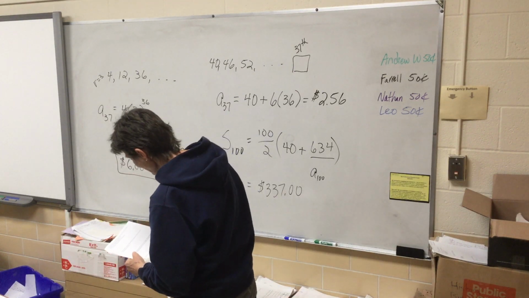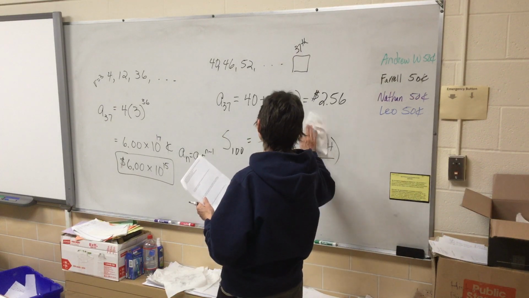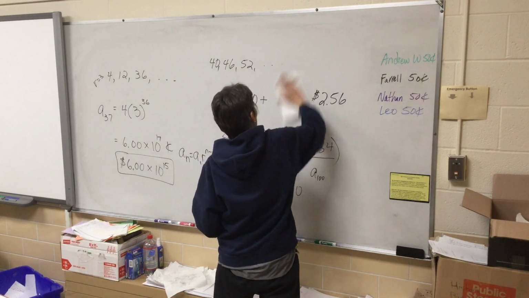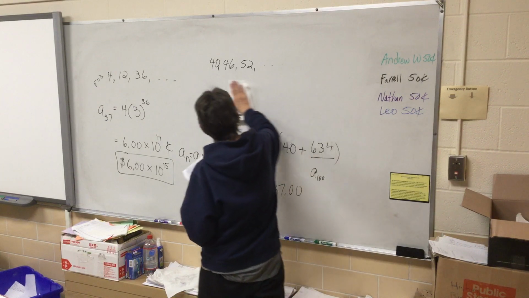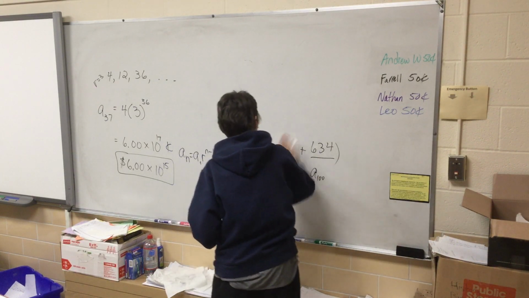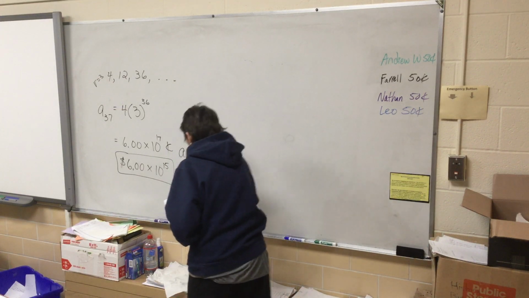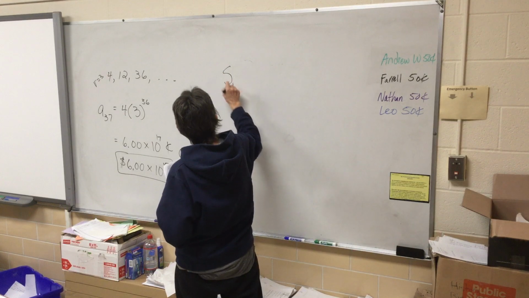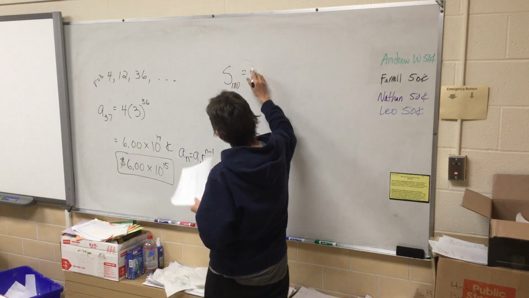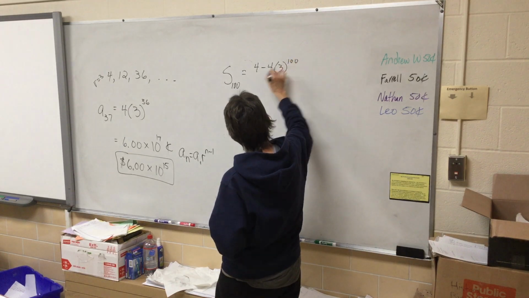How much will she have set aside after saving for 100 days? Oh my goodness. So Grace is going to do this for 100 days. How much will she have saved? Well, it's geometric, so we'll take our first term minus our first term times the ratio to the 100th.